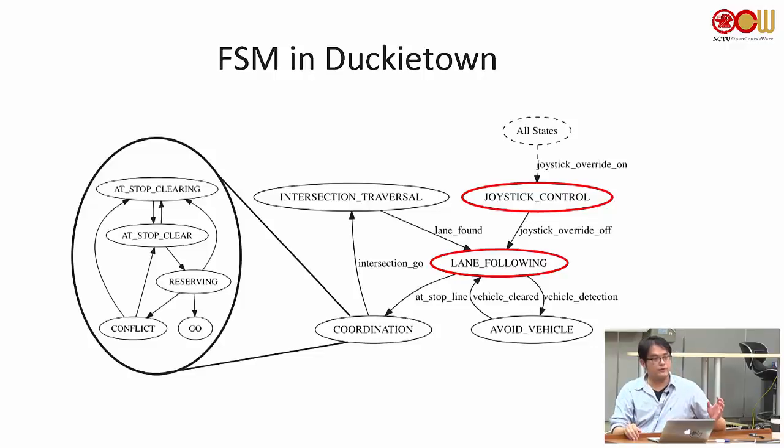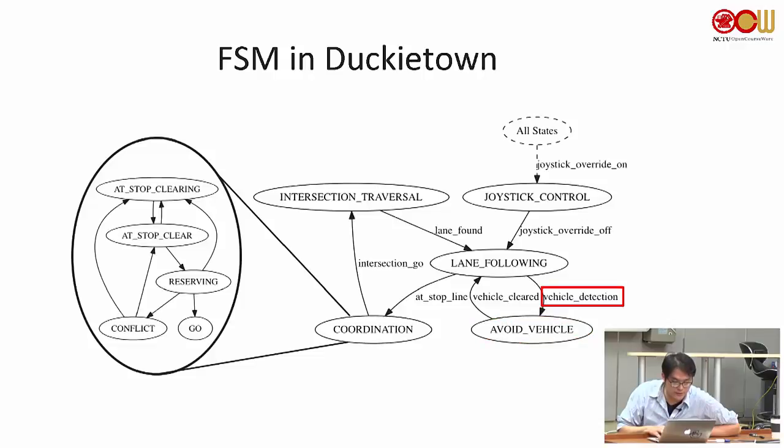But some of the states could be triggered by perception. For example, if we look at this diagram, there is a state called avoid vehicle, with vehicle detected and vehicle clear events over here. There is also another state called coordination, which usually happens when the Duckiebot is at an intersection.